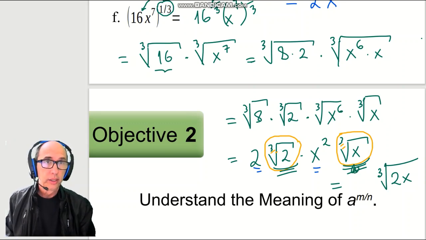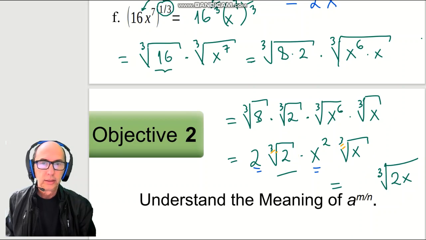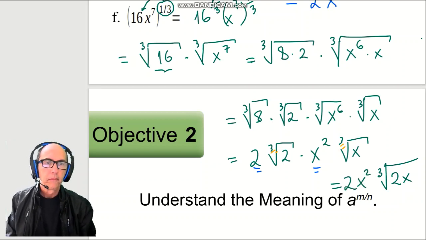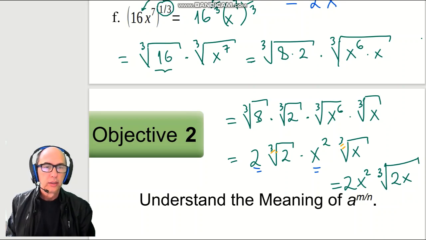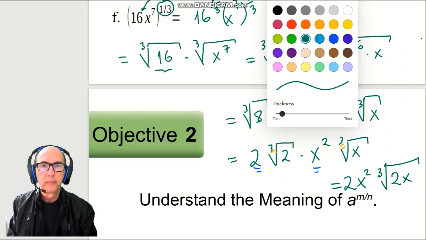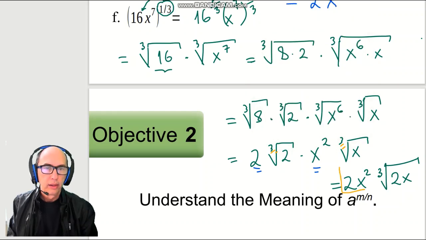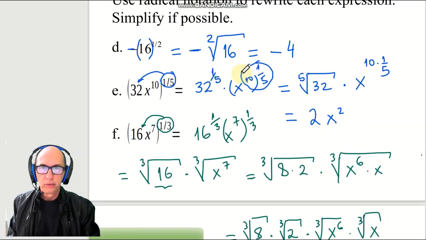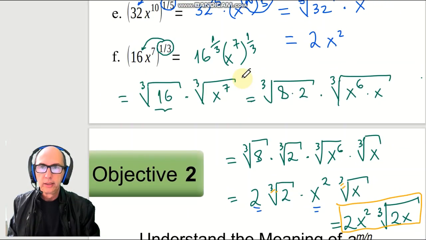And we can also multiply the 2 times the x squared. 2x squared cube root of 2x. That's the final answer. Okay, we need to practice.